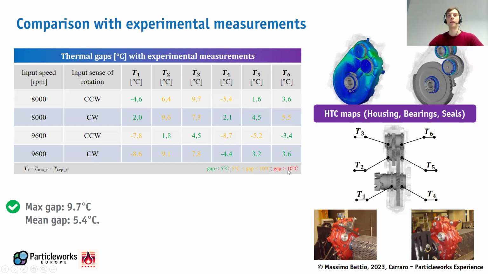You see that the gaps are below 9 degrees all in all, and that was the desired range for the application. The mean gap was 5 degrees, so very good accuracy between the full workflow in Particleworks and the thermocouples.